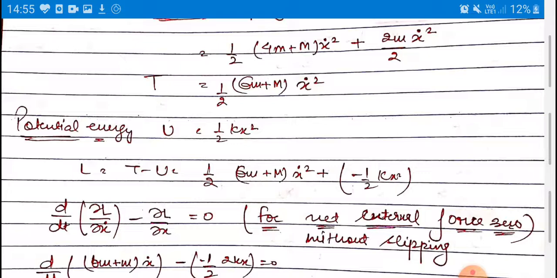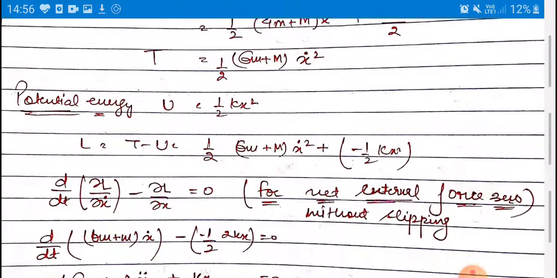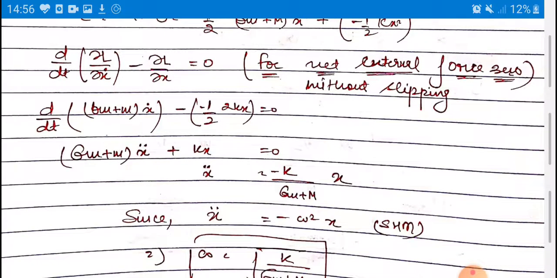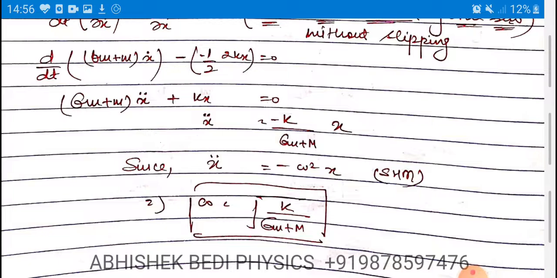Since during rolling there is no net external force, the Lagrangian equation d by dt of partial L by partial x dot minus partial L by partial x is equated to zero. By doing so, I get the equation of motion, (6m plus capital M) x double dot plus kx equal to 0, which resembles a simple harmonic motion, from where I have calculated the omega.